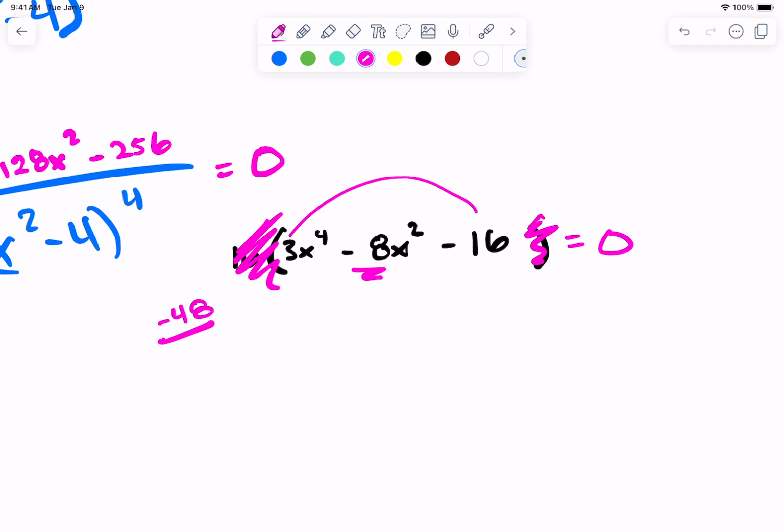I want to add to get negative 8: negative 12, positive 4. So 3x to the 4th minus 12x squared plus 4x squared minus 16, and it's going to work.